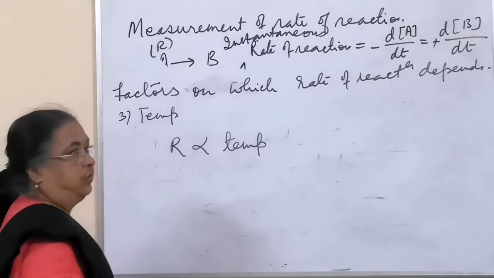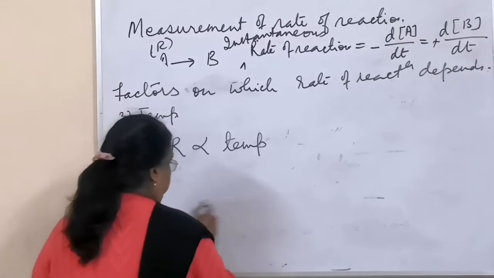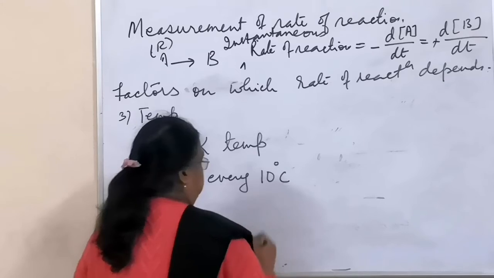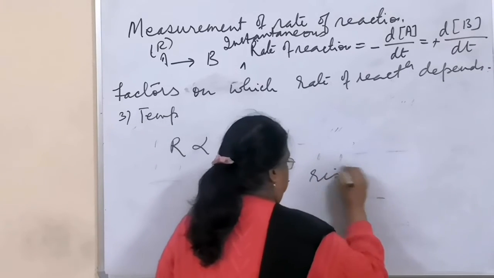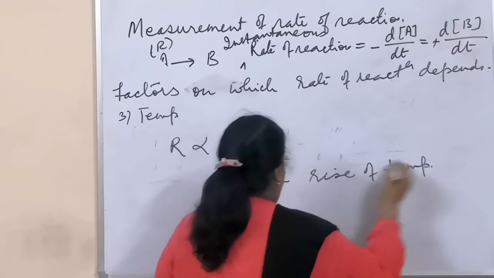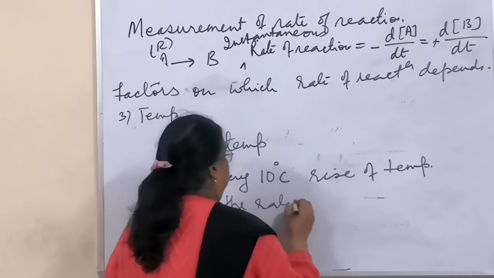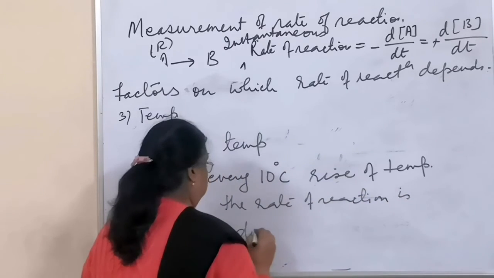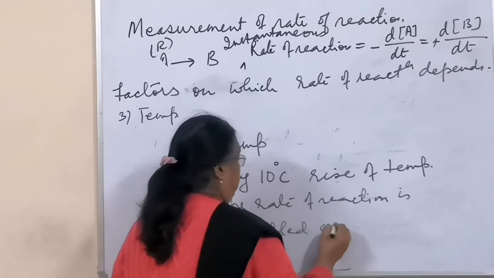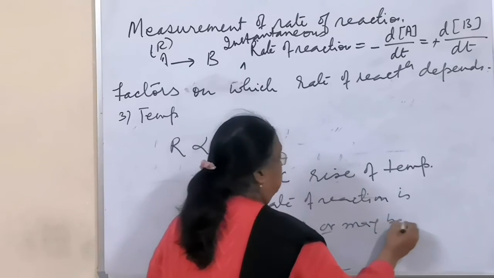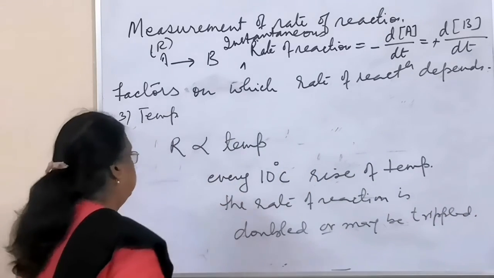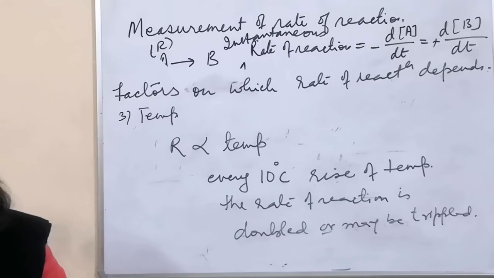Higher the temperature, more will be the rate of reaction, and it is found that for every 10 degrees Celsius rise of temperature, the rate of the reaction is doubled or maybe tripled. This is the important thing you need to know, how the rate changes with temperature.